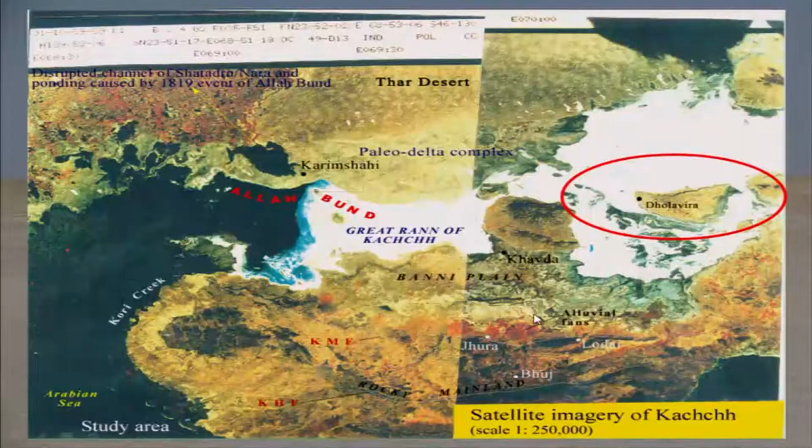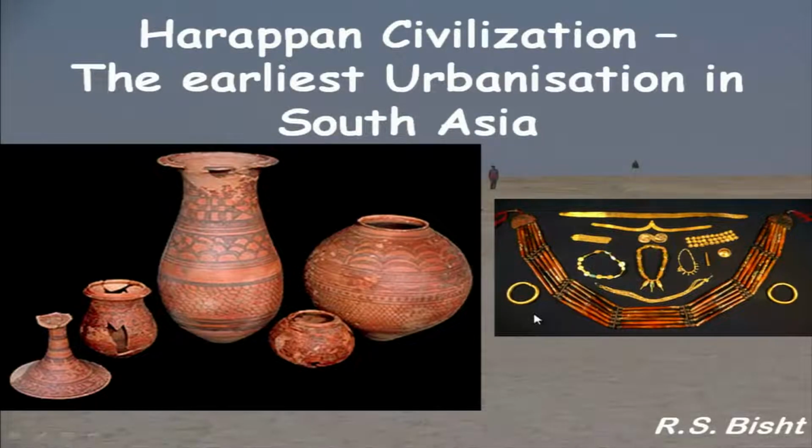Dholavira in particular is one of the major Harappan civilization sites, what we call the earliest urbanization in South Asia. It is an extremely urban settlement, and what we felt was that usually we see a cultural transfer from one cultural level to another, or one settlement to another, progressively.